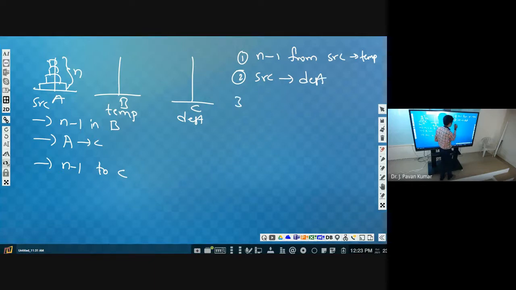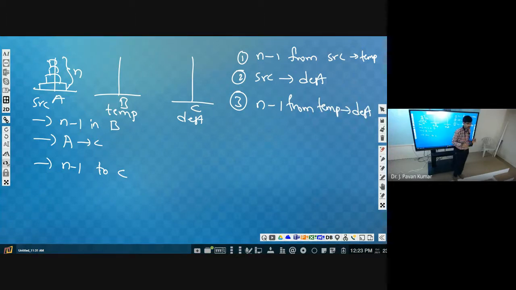Next, the third step: the n-1 boxes which are yet at temporary, move from temporary to destination. These are the 3 steps. This is the overall solution.